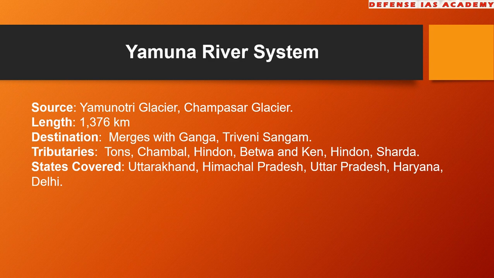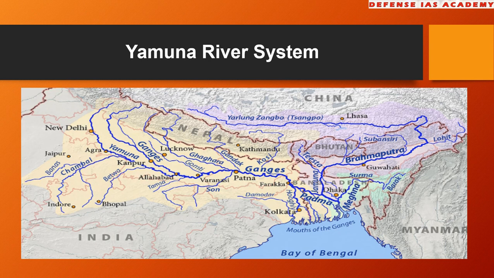The destination is it merges with Ganga, called Triveni Sangam. Then the tributaries are Tons, Chambal, Hindon, Betwa, Ken, and Sharda. The states covered in India are Uttarakhand, Himachal Pradesh, Uttar Pradesh, Haryana, and Delhi.